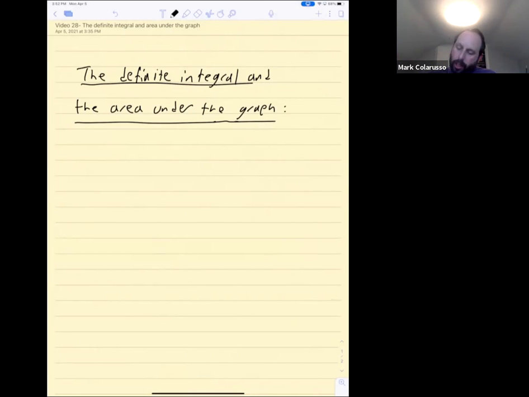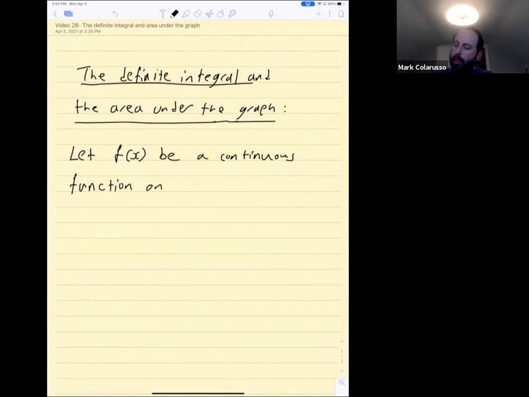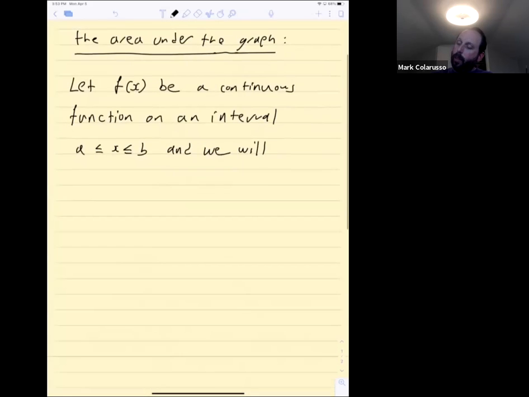All right, so in this setting, we'll let f of x be a continuous function on an interval, and we will also suppose that f of x is non-negatively valued.